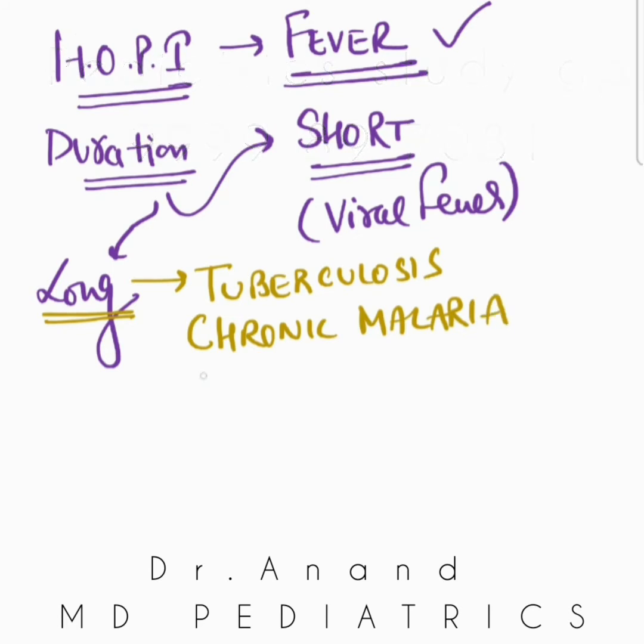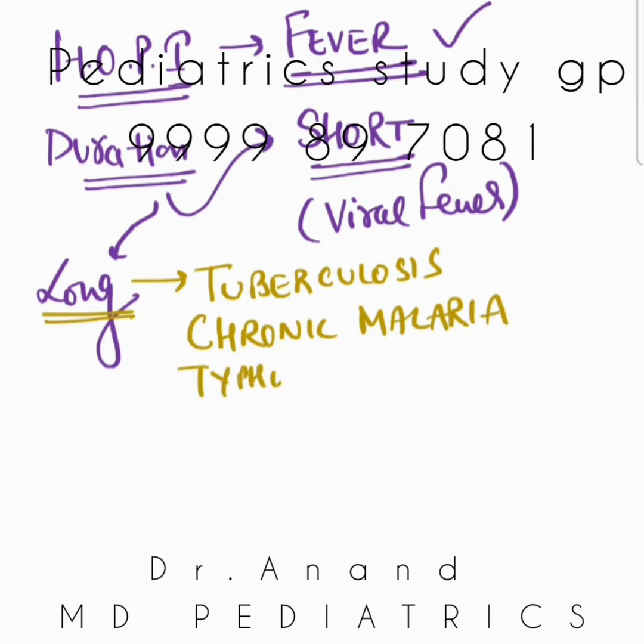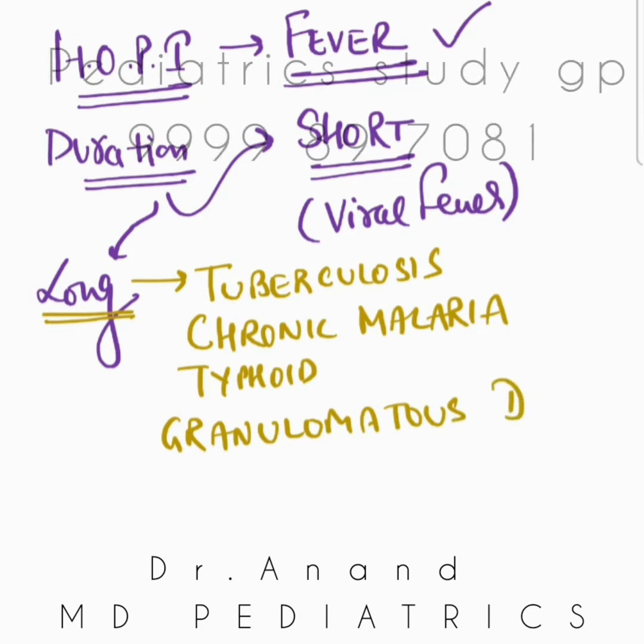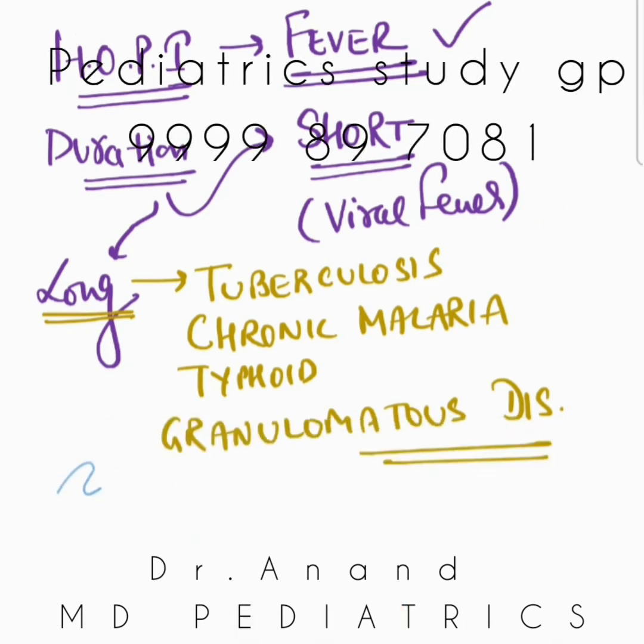Other conditions like chronic malaria, even typhoid. Yes or no? Step ladder pattern of fever, slow, long duration fever, or even granulomatous diseases also. So please open your brains, allow your brains a lot of beautiful information. So fever of short duration or fever of long duration. For fever of long duration, you should think of tuberculosis, malaria, typhoid, or granulomatous disease.